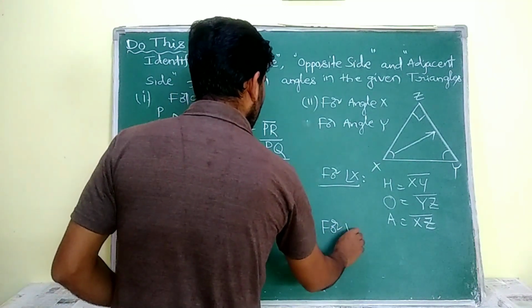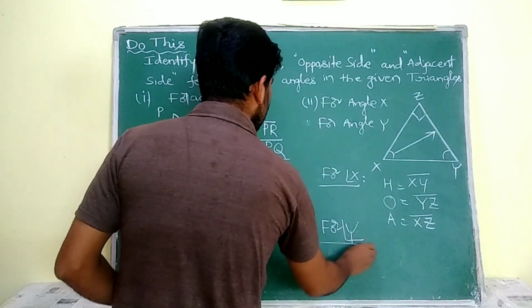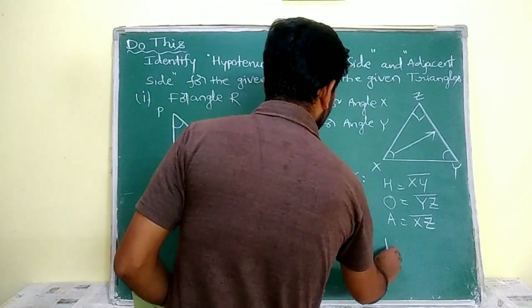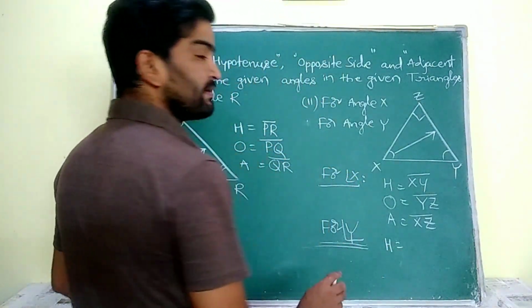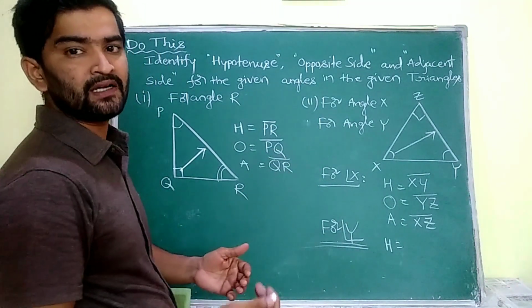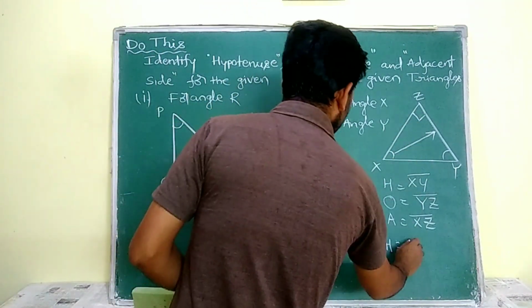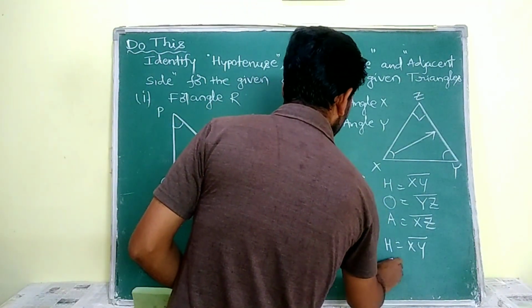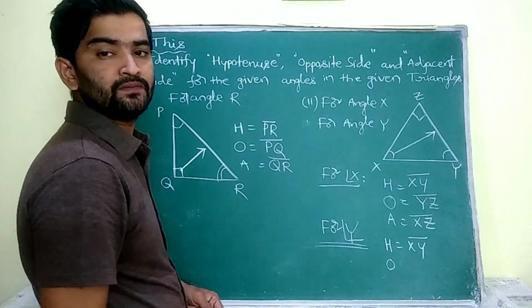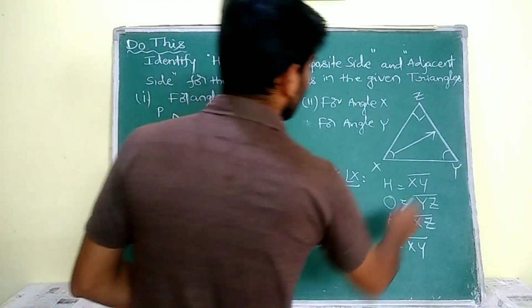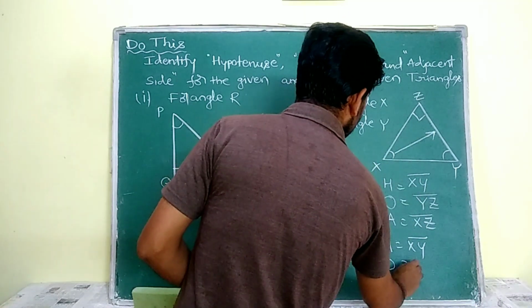Now for angle Y we are going to discuss. See, for angle Y, the hypotenuse is always the hypotenuse only. That means the side opposite to the right angle, that is XY. Now the opposite side to Y is XZ.